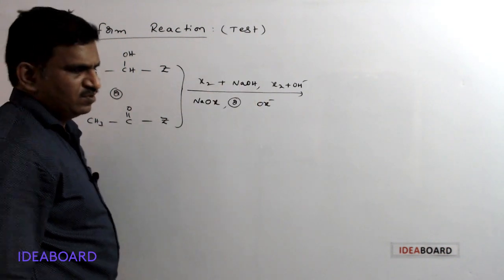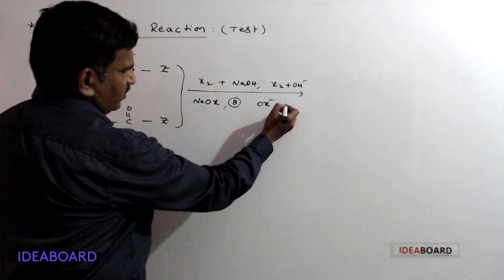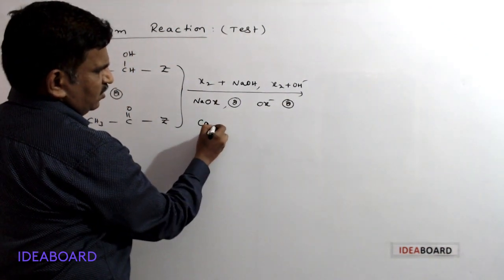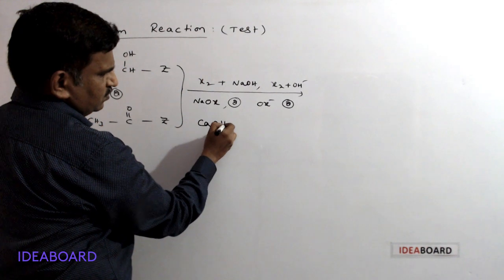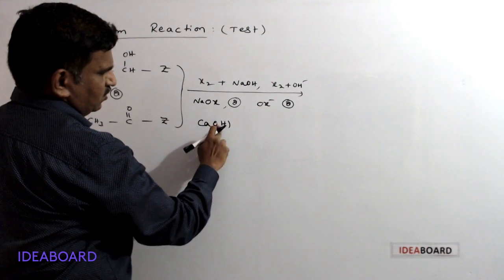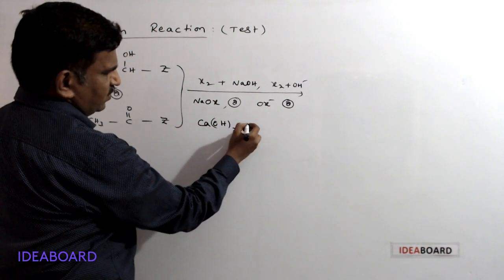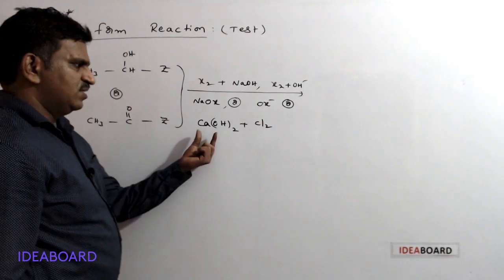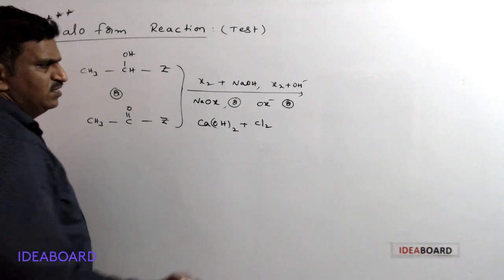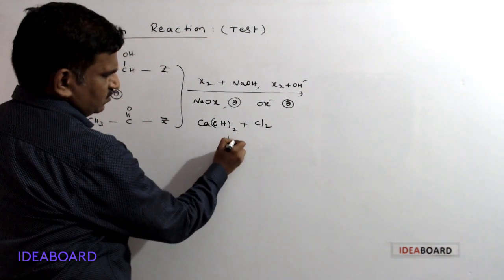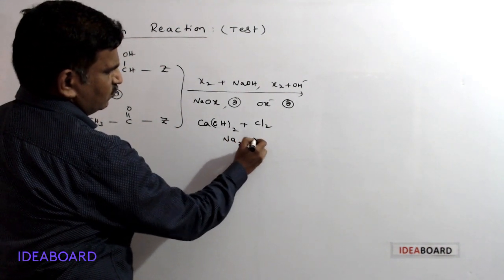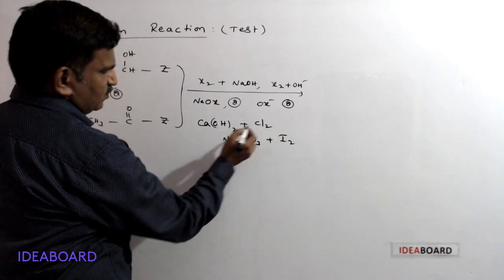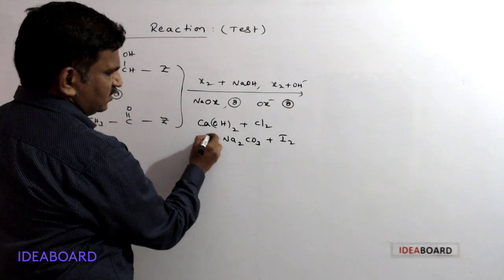We can take this type of molecules, or we can use Ca(OH)2 plus Cl2, the calcium hydroxide and chlorine mixture, or Na2CO3 plus I2 mixture. All these are different reagents.